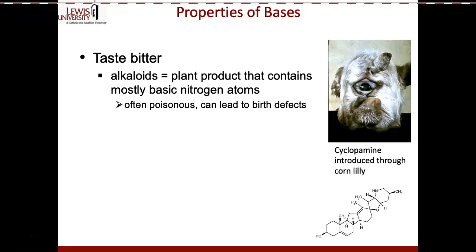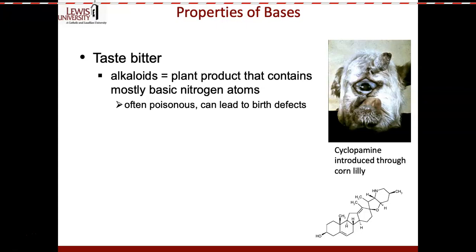One example of a plant form of a base is cyclopamine, and it's introduced through the corn lily plants. So this is a steroidal alkaloid, which means it's a steroid base, and what happens is it actually inhibits something called the hedgehog signaling pathway.